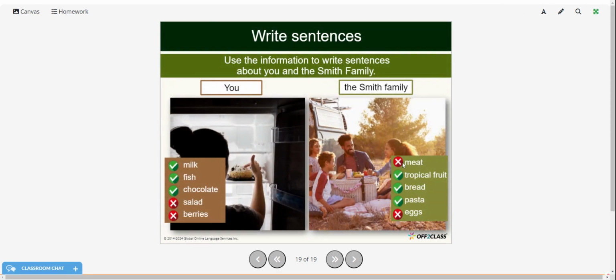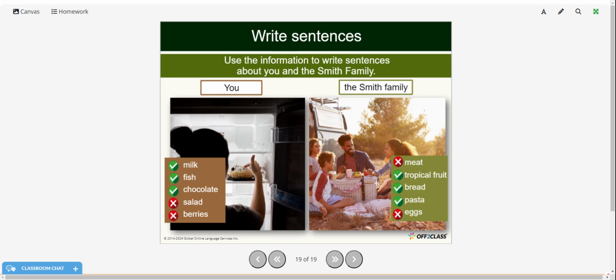All right, so for this last exercise, you're going to write some information about yourself and then about the Smith family. And so here they have the ones in green are the things that you like or that you eat, and then the ones in red are the ones that you don't like or don't eat.